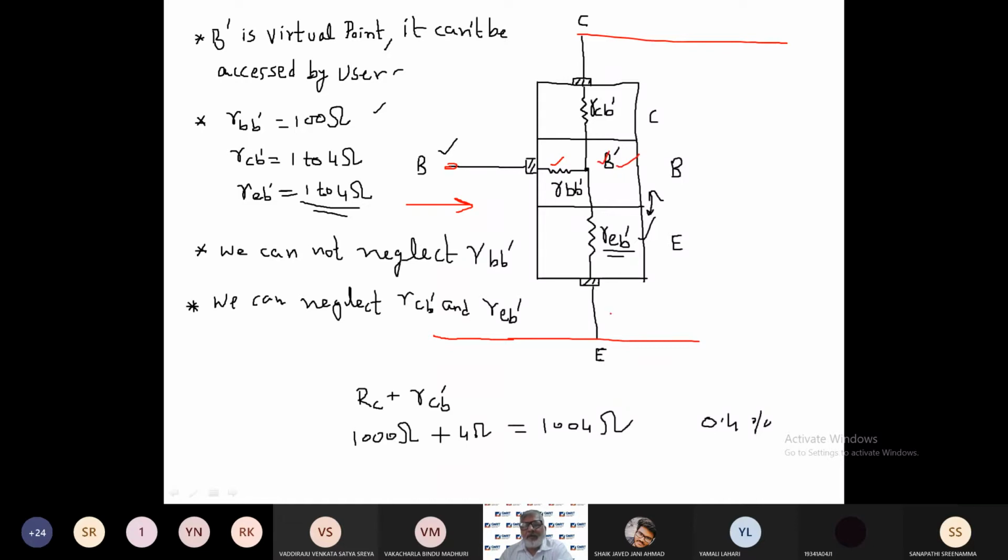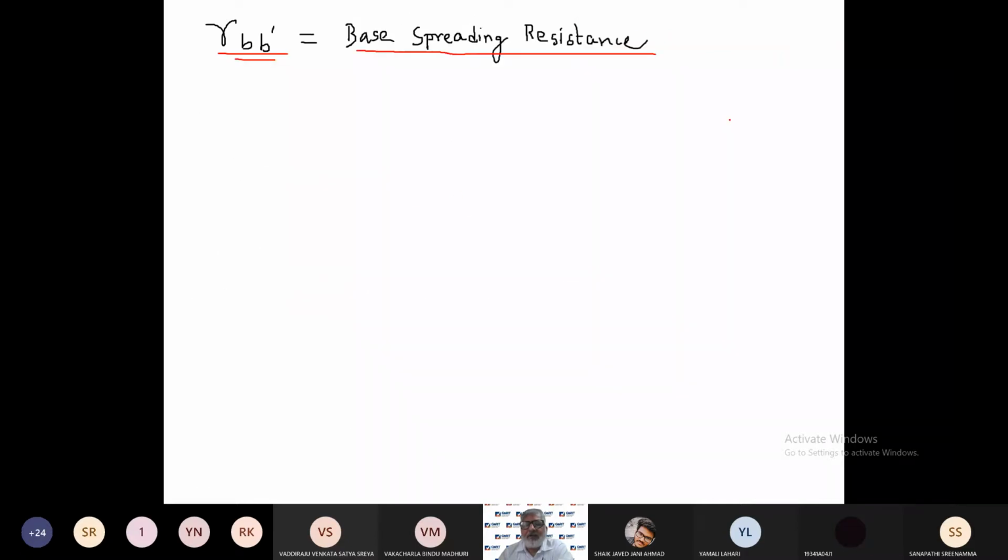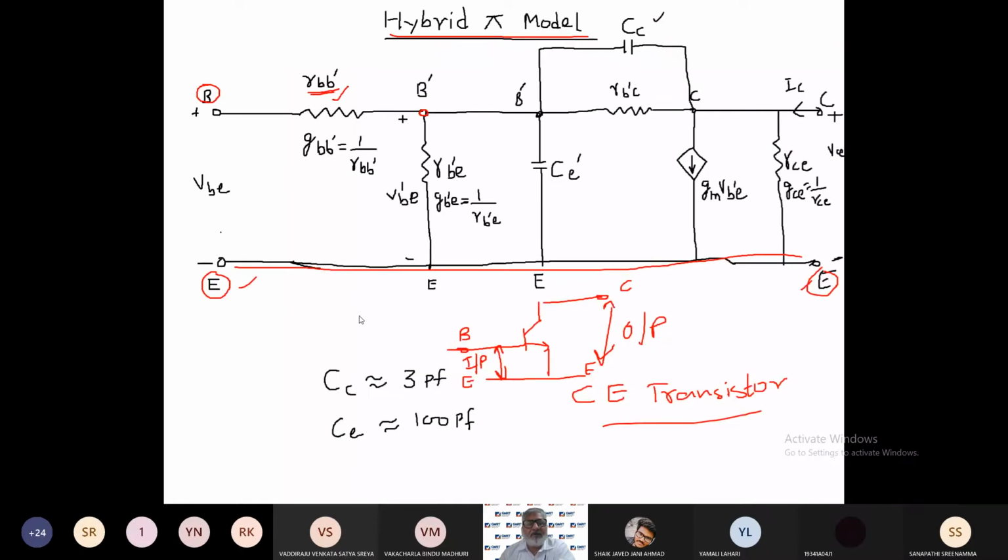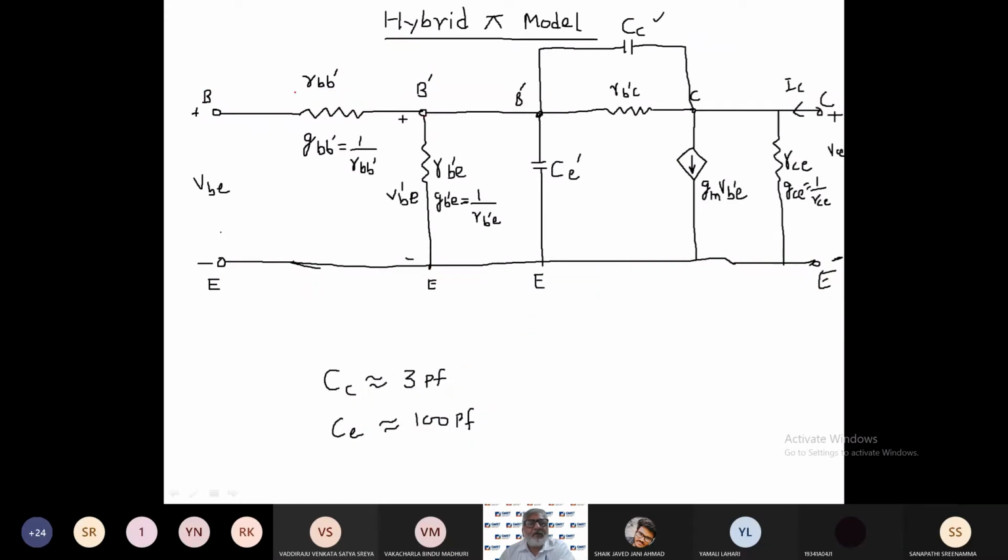And from B dash terminal to emitter there is a resistance REB dash, and between B dash to C there is a resistance RCB dash. So same way we have drawn this, right? You can see this. So this is the resistance RBB dash between B and B dash. Okay. Then between B dash and E, there is resistance, internal resistance RB dash E. Okay. This resistance will be there.